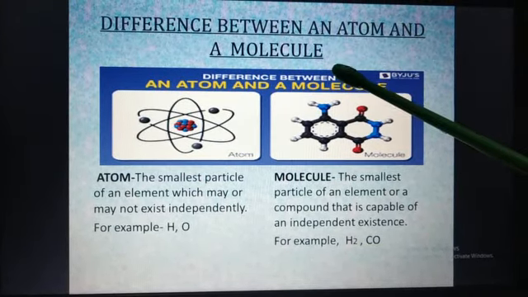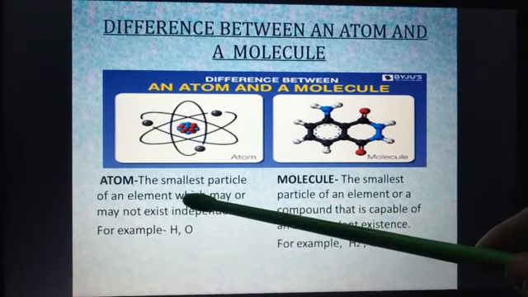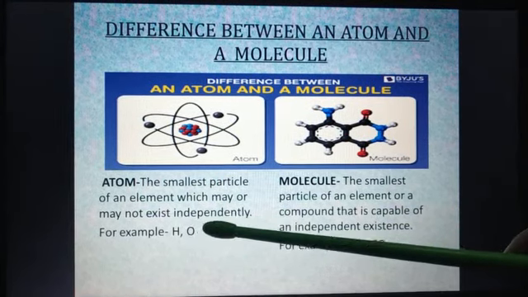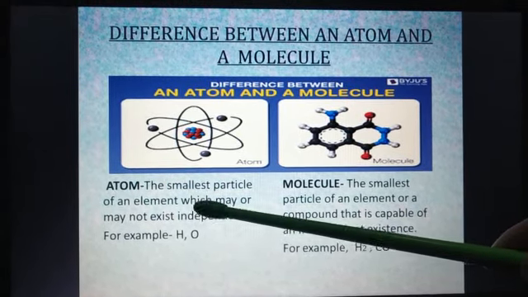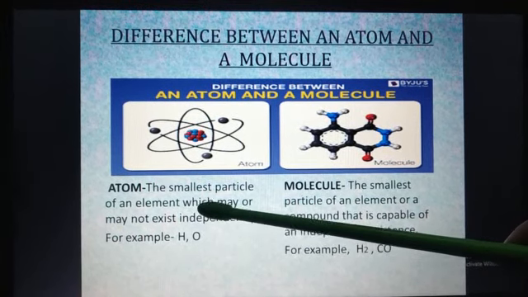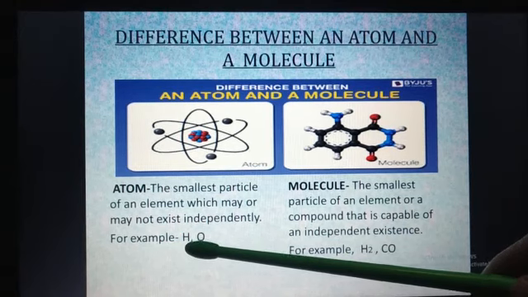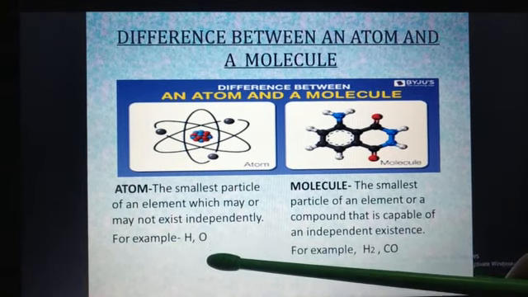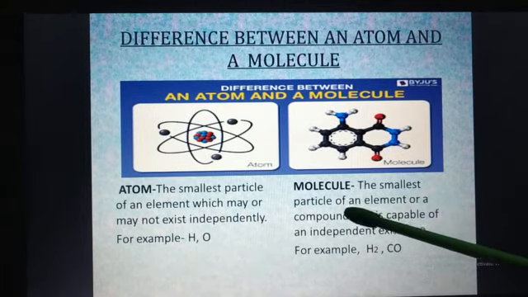Next is the difference between an atom and a molecule. Atom: the smallest particle of an element which may or may not exist independently, because atoms, if combined, form molecules. Examples of atoms are hydrogen, H, oxygen, O, and so on.